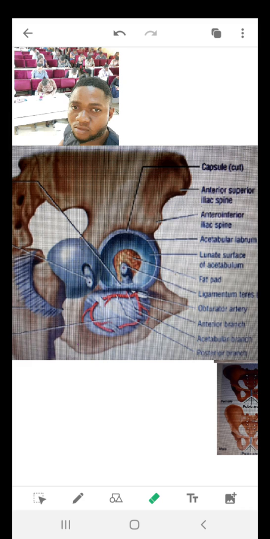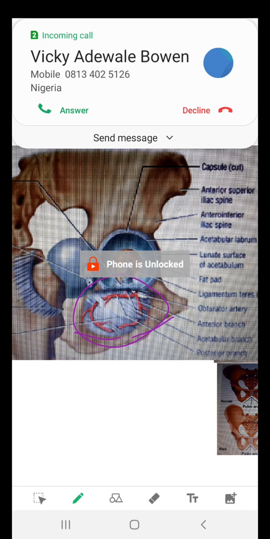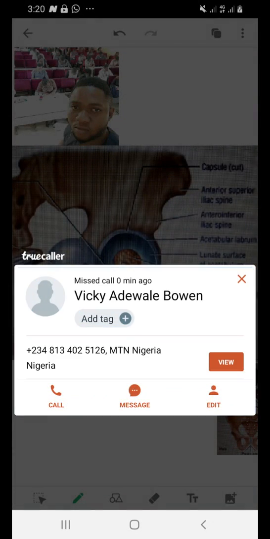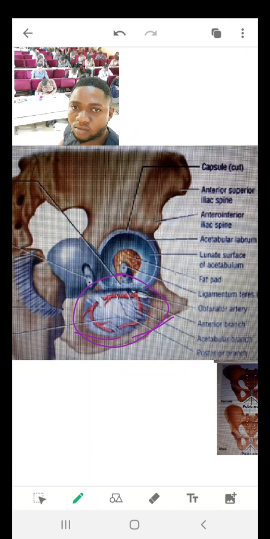In a bid to hide their creation, they invent a very strong obturator membrane that covers this foramen.